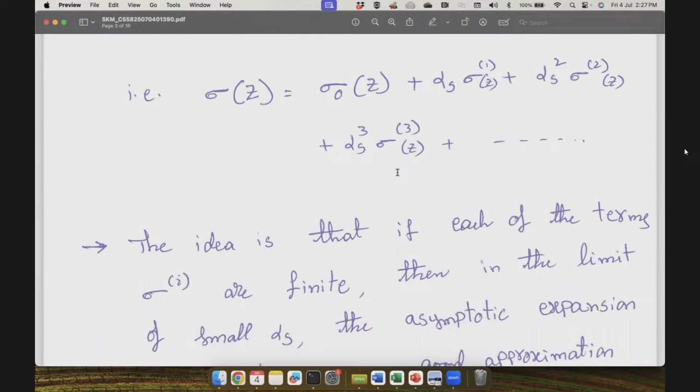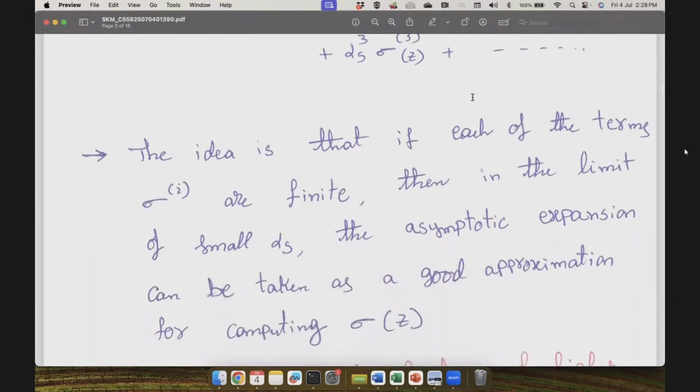For any quantity that you want to compute, say using quantum field theory I want to compute some quantity sigma of z, and if I don't know the complete answer, I rely on perturbation theory. For that, I need some expansion parameter. In this particular case, I have taken the strong coupling constant. Had it been the electroweak theory, we could take the electroweak coupling as the expansion parameter. If it is QED, we can take the fine structure constant as the expansion parameter.